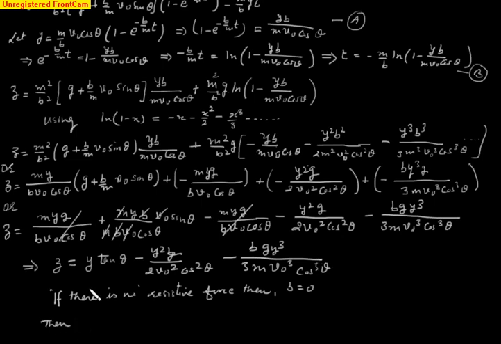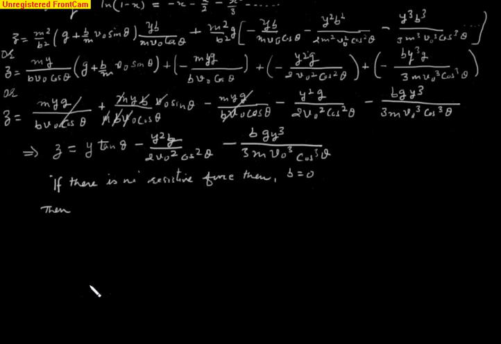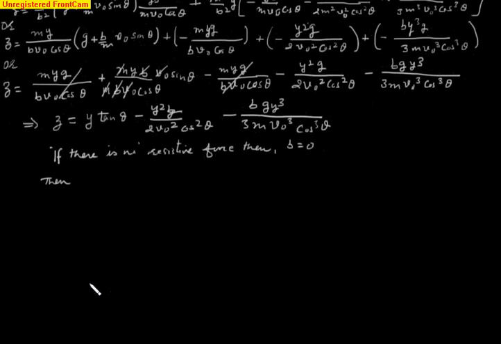Therefore the equation of trajectory will come out to be z is equal to y tangent theta minus y square into g over 2 v naught square cos square theta.